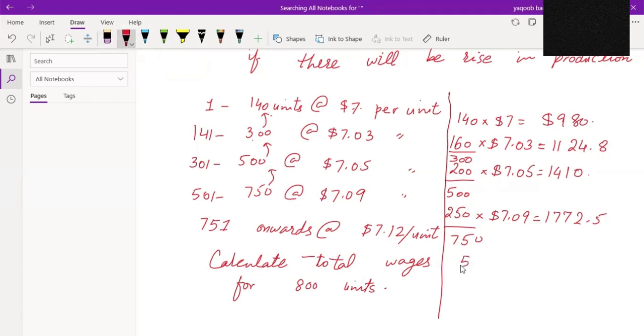Lastly, we have only 50 units because we produced in total 800 units. So 750 plus 50, 800.